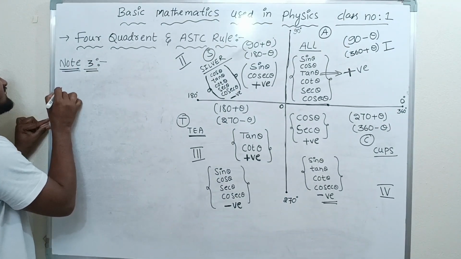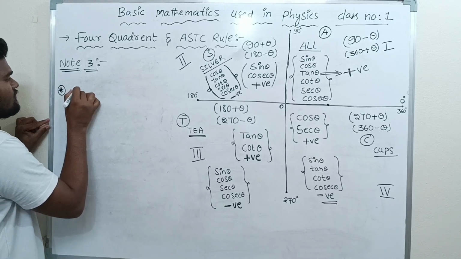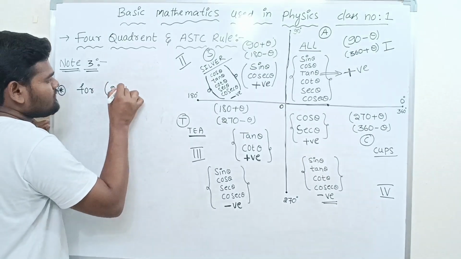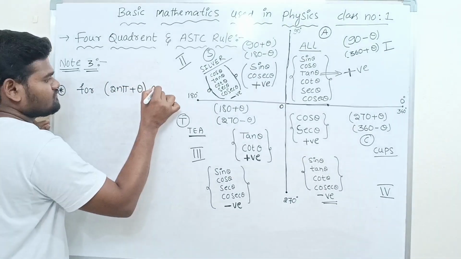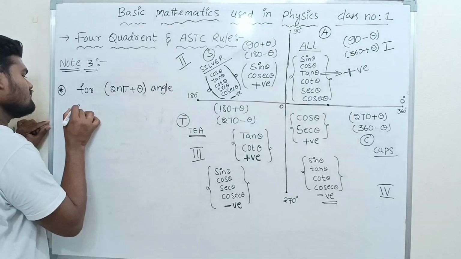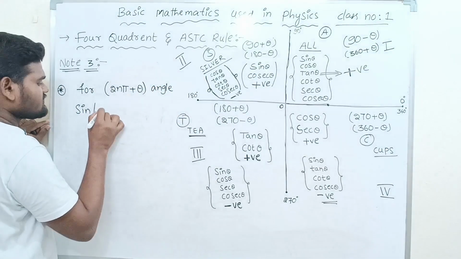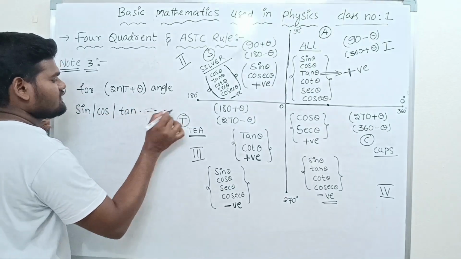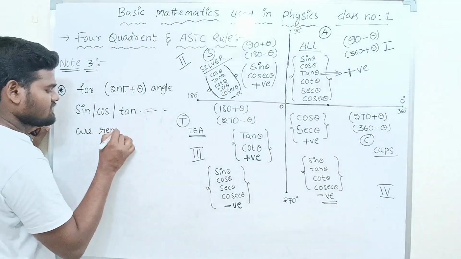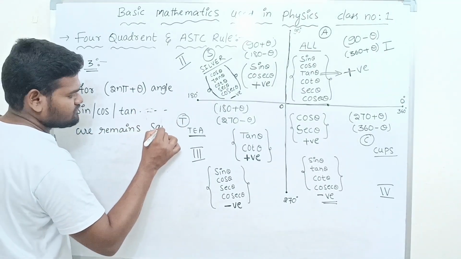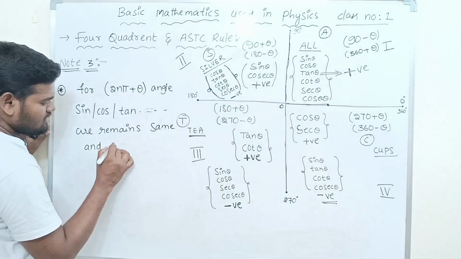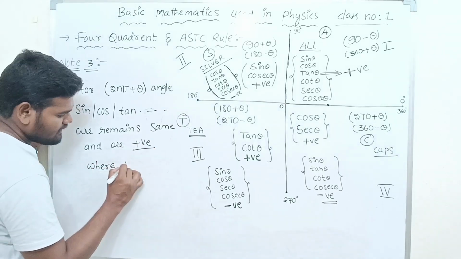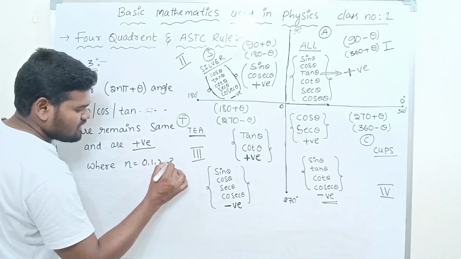So the note number 3 is: for 2n pi plus theta angle, sine, cos, tan and so on remain the same and are positive, where n is equal to 0, 1, 2, 3, 4.